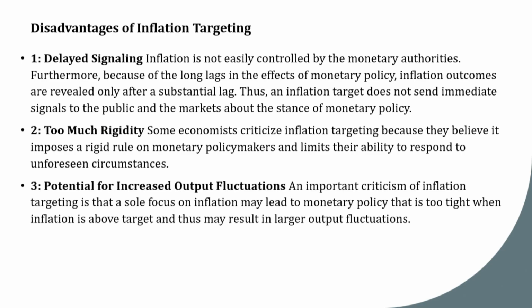And there can be potential for increased output fluctuations, and this is another criticism. It also can affect economic growth, because if the focus is always mainly on inflation targeting, then when the economy is in crisis, the rate of interest has to be reduced to the bottom level, and inflation may need to jump to maybe more than 6%.